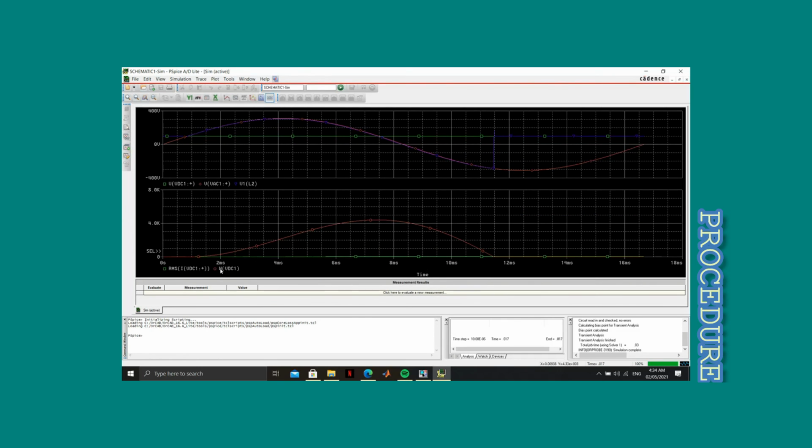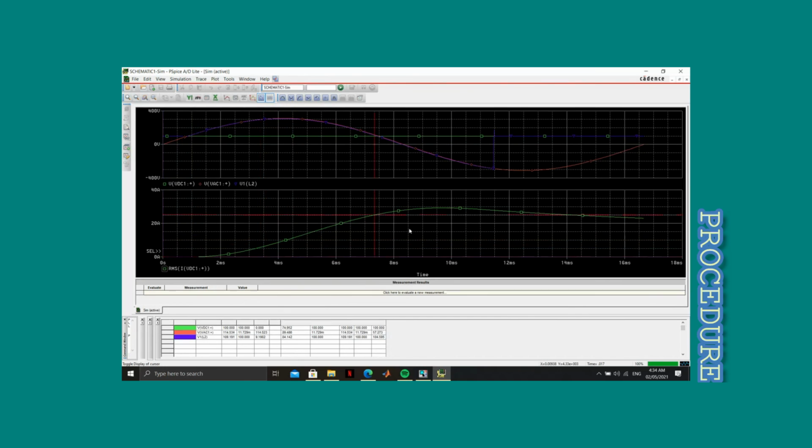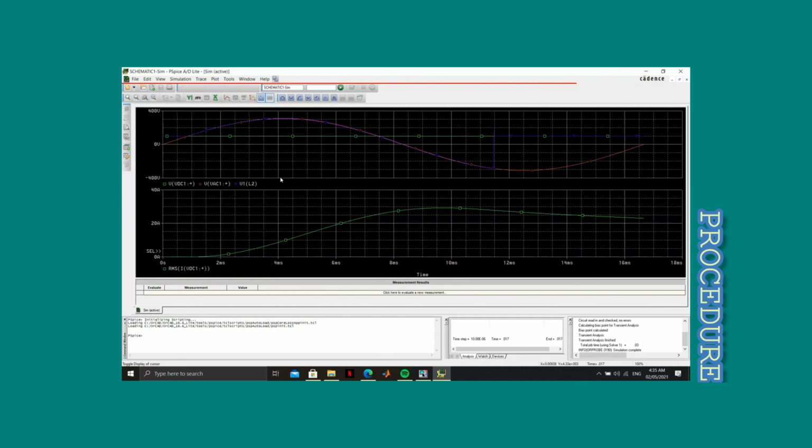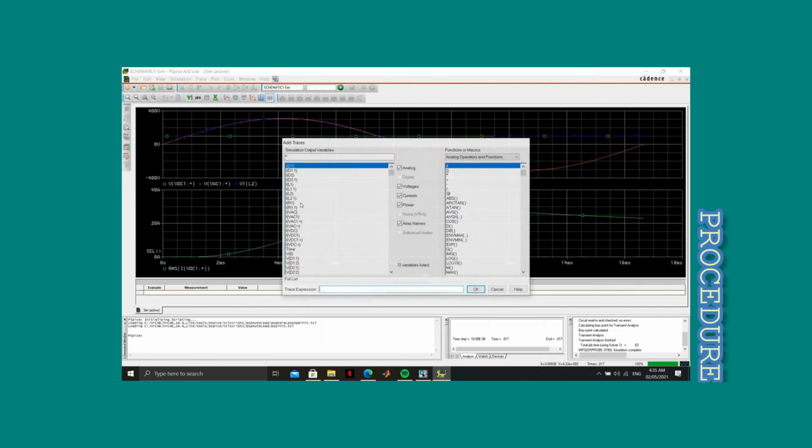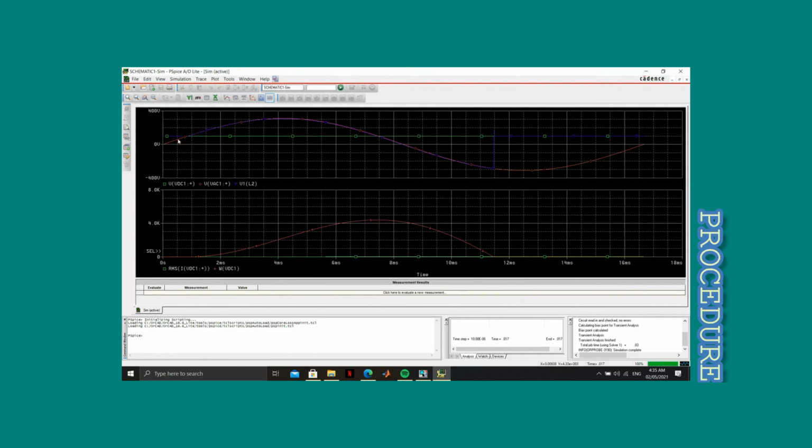So to recap, the red waveform on the second panel is the waveform for the power across the DC voltage source. On the other hand, upon removing it, this would be the RMS current across the DC source, which is 23.073 amperes. And once the diode starts conducting, the DC voltage waveform would start to rise.